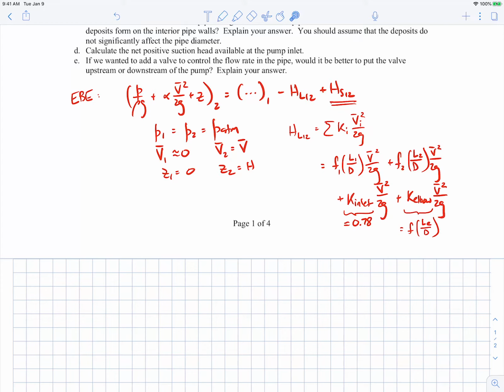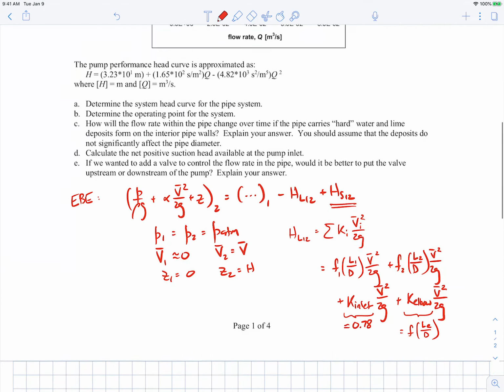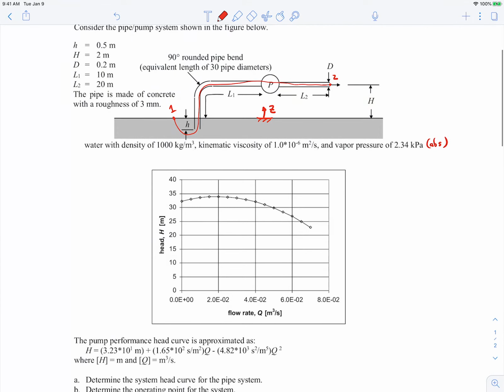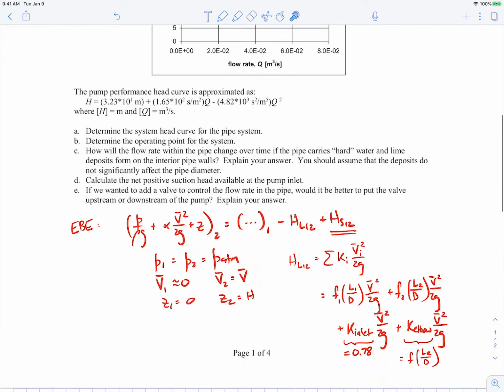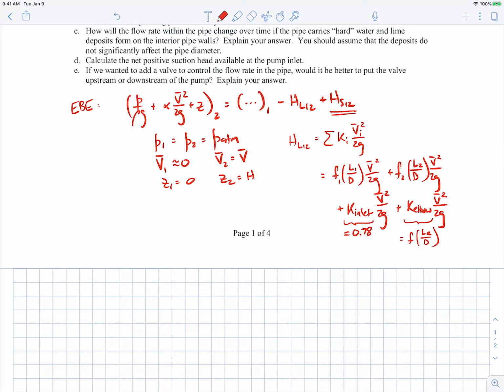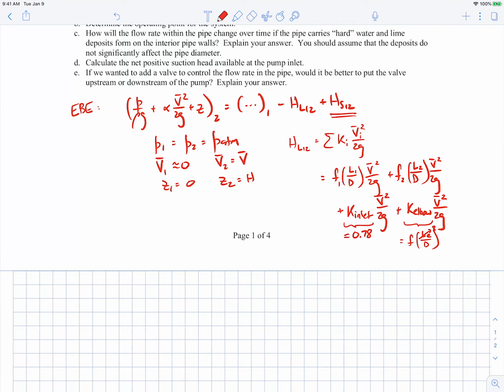This friction factor is the same friction factor as in the rest of the pipe where the elbow is located. LE is 30. We were given that. If you go back up here, you'll see it says 30 pipe diameters.